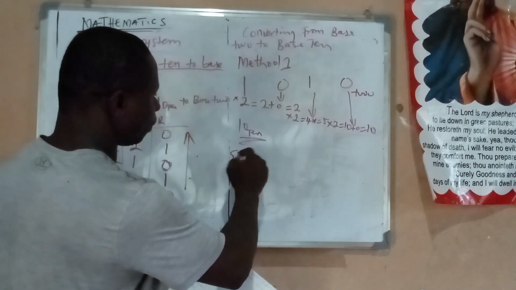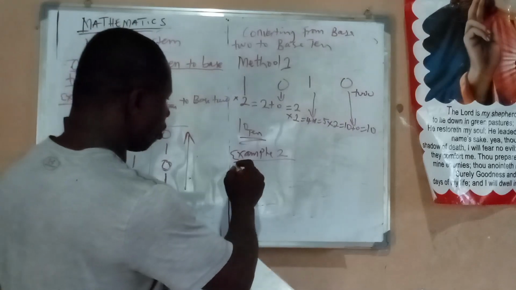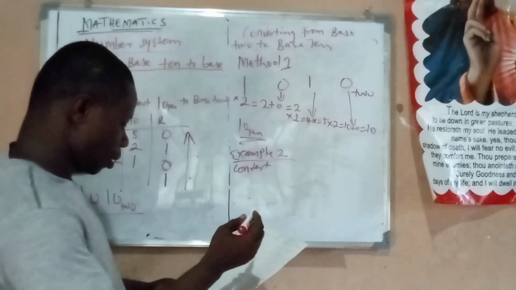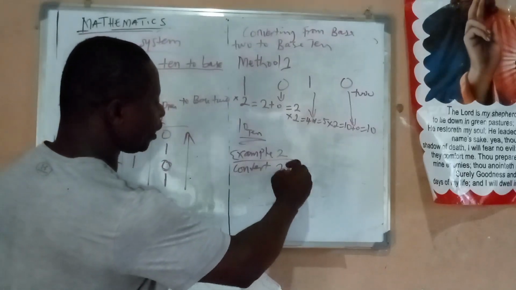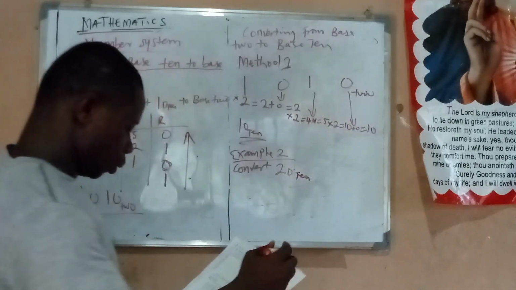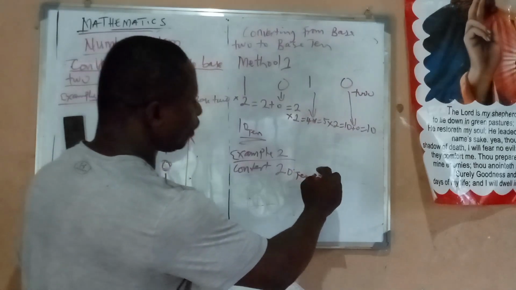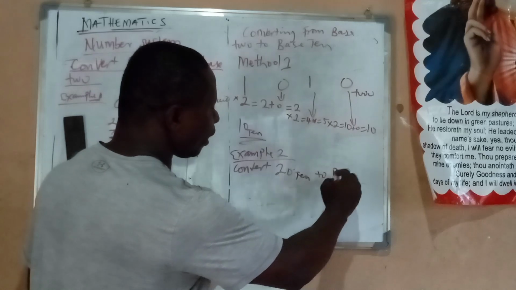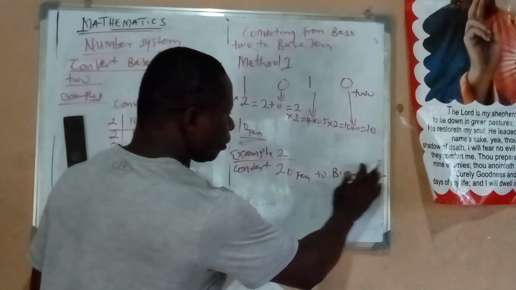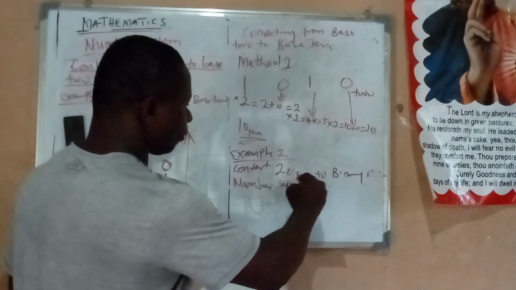Example 2: convert 20 in base 10 to binary number system.